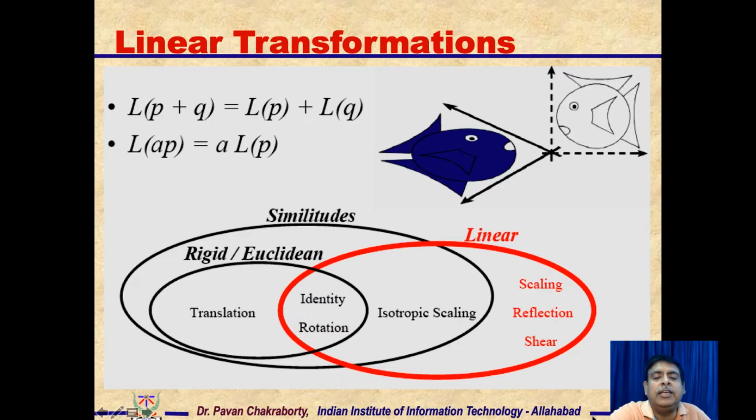It becomes a linear transformation only when b is equal to 0. Here b is a translation, and therefore the translation is not part of the linear transformation.